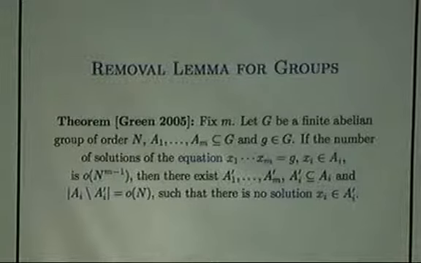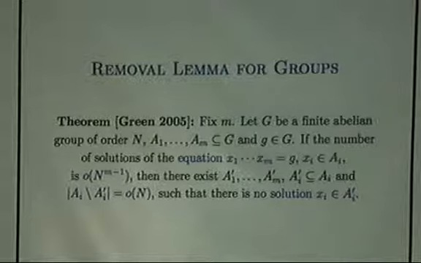So these sets are subsets of the group elements, where maximum size is linear in the order of the group. And what I am saying here is you can remove a sublinear number of elements. So this A_i prime, the new set, is only a little bit smaller, and there will be no solution such that all the x_i's would be from the A_i primes.